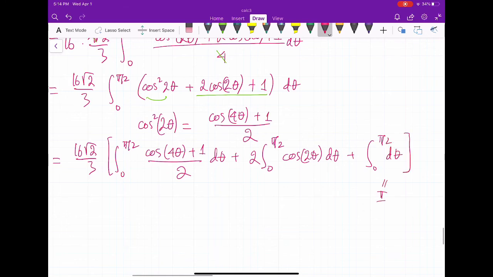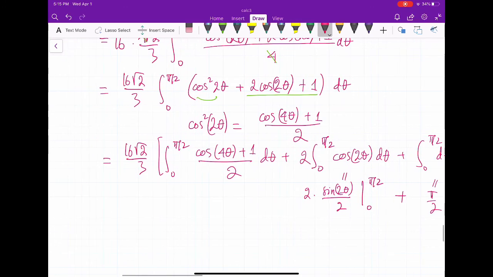This is equal to pi over 2. This is equal to, the antiderivative of cosine is sine, right? So you have 2 times sine 2 theta over 2 evaluated from 0 to pi over 2. Okay? And for this integral, you might think, yeah, that is integral from 0 to pi over 2 of cosine 4 theta over 2 plus 1/2 d theta.